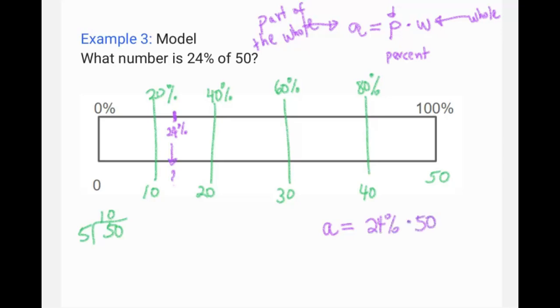So we're going to go ahead and work that out. I'm going to change my 24% into a fraction. So we have 24 over 100 times the 50. And I can simplify. 50 goes into 100 evenly by 2. And then 2 goes into 24 12 times. So 24% of the 50 would be 12.